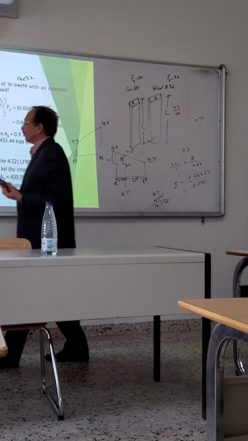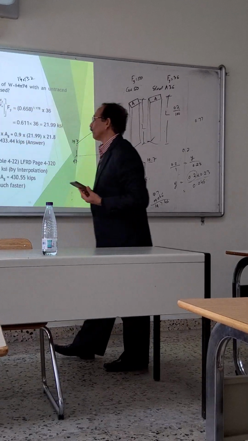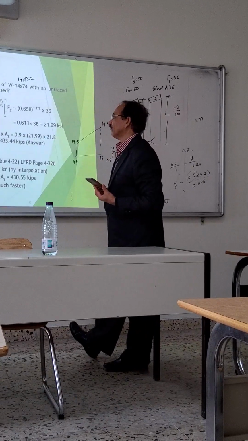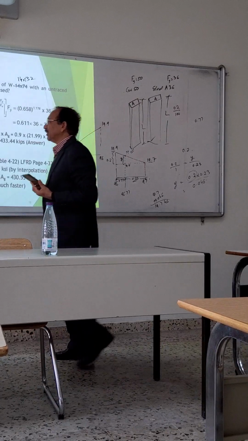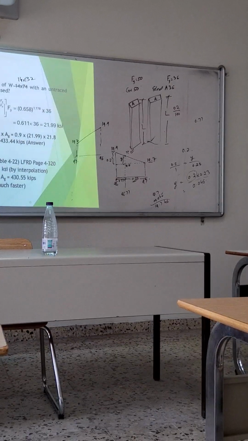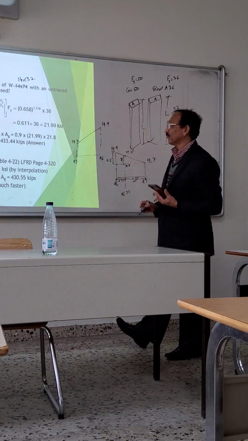70.32. Correct? Pi square E over KL by R square, 70.32.